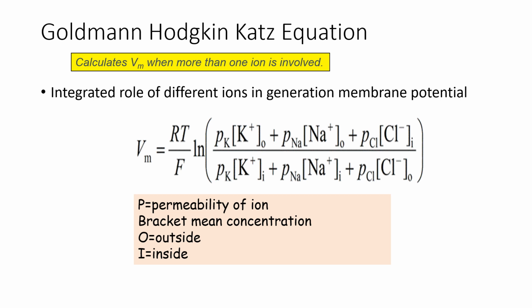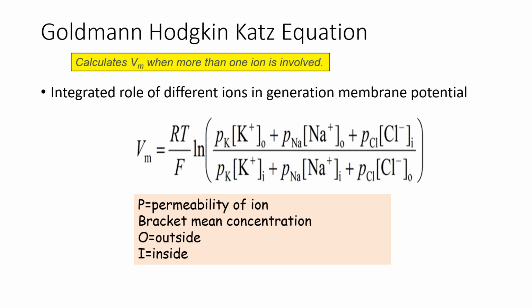As we said in the earlier slide, we had potassium, sodium, calcium and chloride. So all the different ions contribute toward the resting membrane potential. It is but a sum total of permeability and concentration of different ions, which is given by this Goldman-Hodgkin-Katz equation.